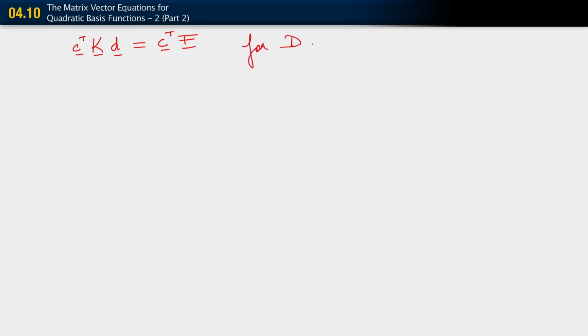So, for the Dirichlet problem also, we have this. Okay? So, whether we have the Dirichlet-Neumann problem or the Dirichlet problem, we see that C transpose times KD minus F equals 0.